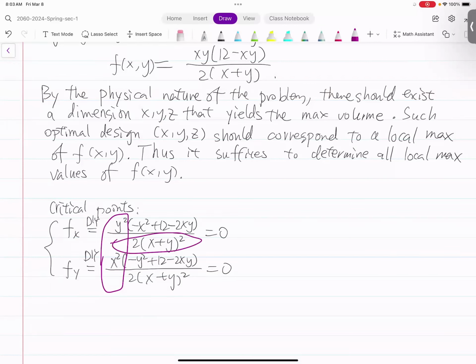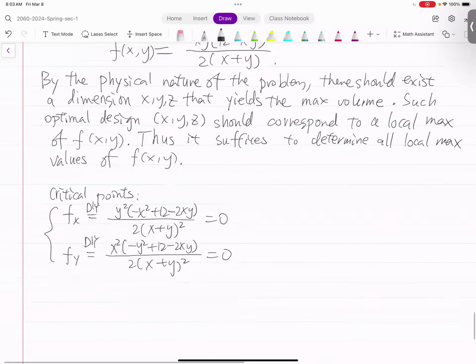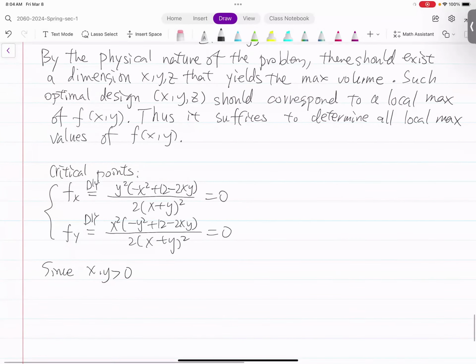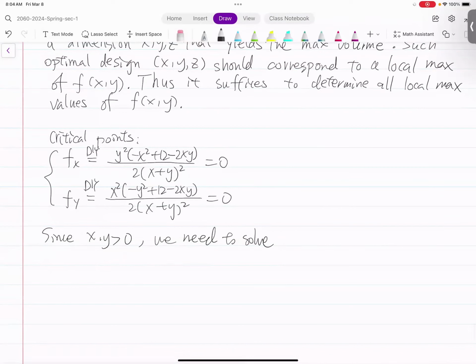And then the denominators don't really matter. So the only thing that matters is the brackets in the numerators. Since x and y are positive that we want, we need to solve a similar system of equations, which is negative x squared plus 12 minus 2xy equals 0, and negative y squared plus 12 minus 2xy equals 0. Okay.